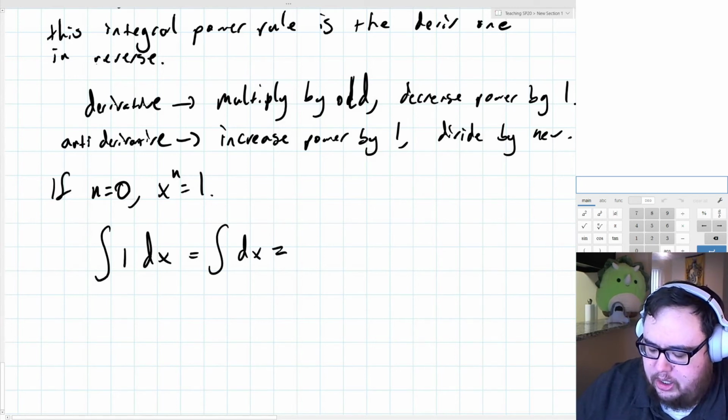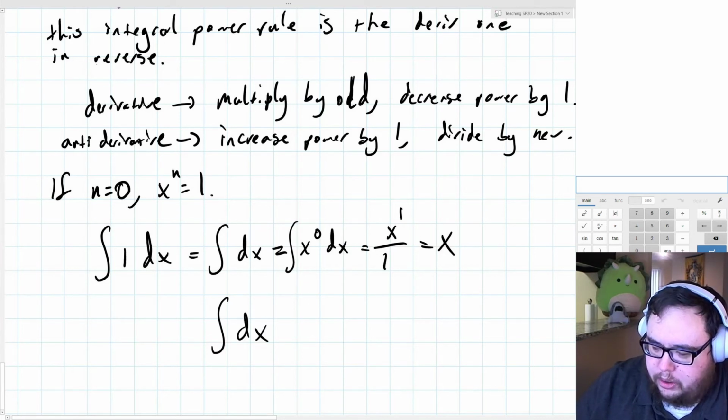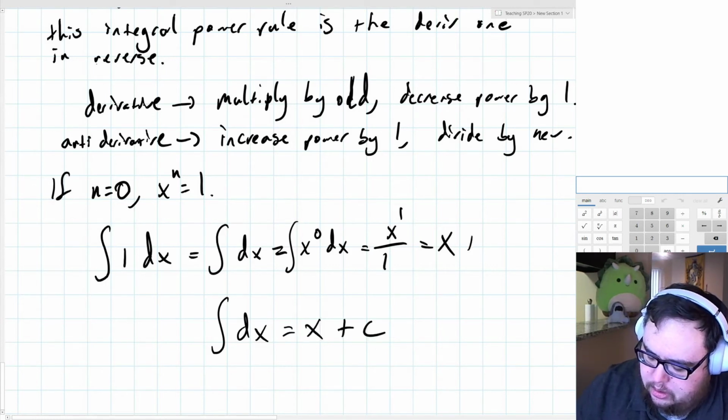That's the integral of x to the 0. So that's x to the 1 over 1, which is x. Or to state it more simply, the integral of 1 is equal to x plus c. I should have plus c's over here as well.